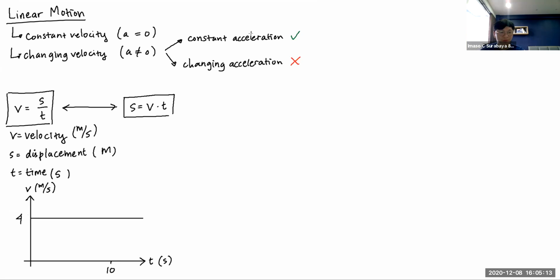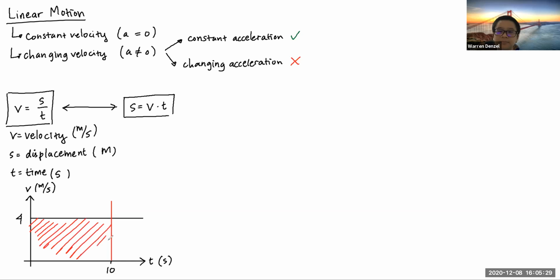So if I draw a line here at t equals 10, can you guess what is the area of this one? 40. How did you get that? 4 times 10. Okay.